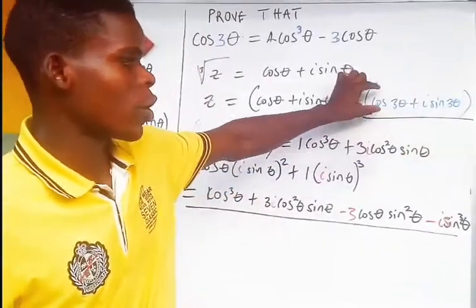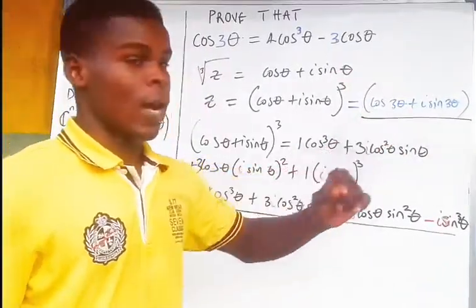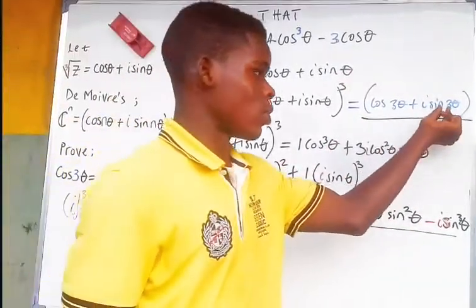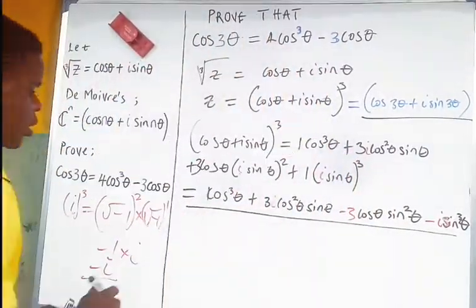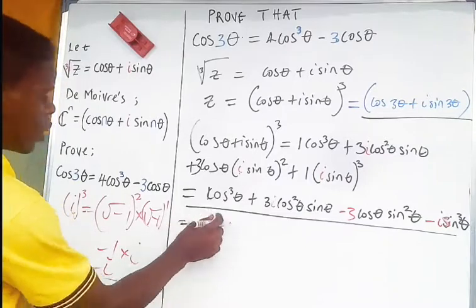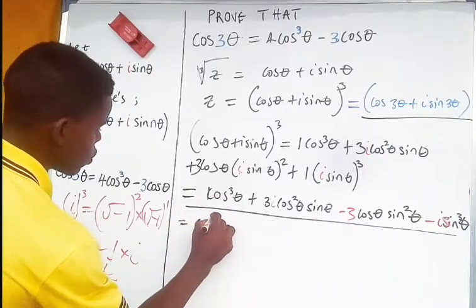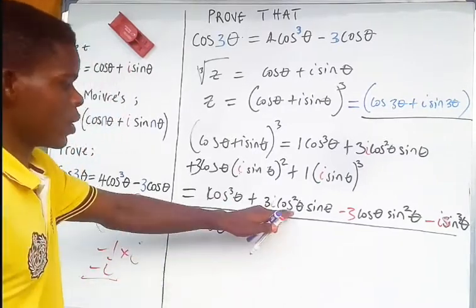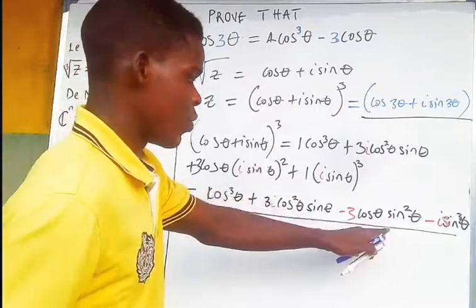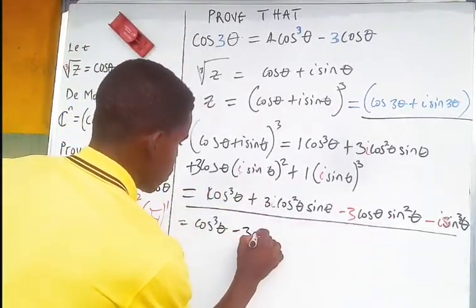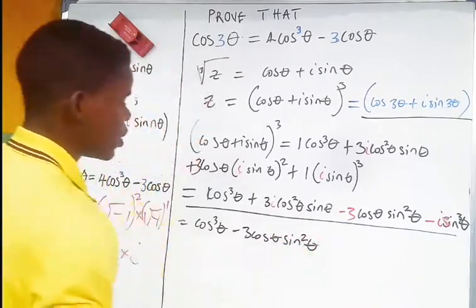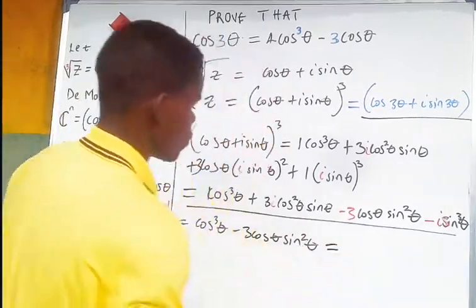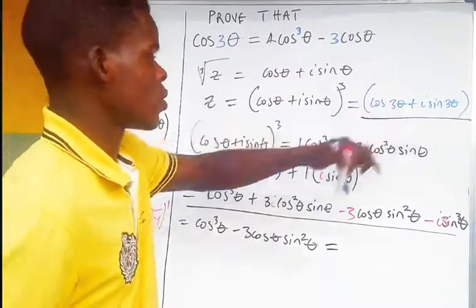We're going to group all the real parts and equate them to this, and group all the imaginary parts and equate them to this. Grouping the real part together, we have cosine cube theta minus 3 cosine theta sine squared theta, which is equal to cosine 3 theta.